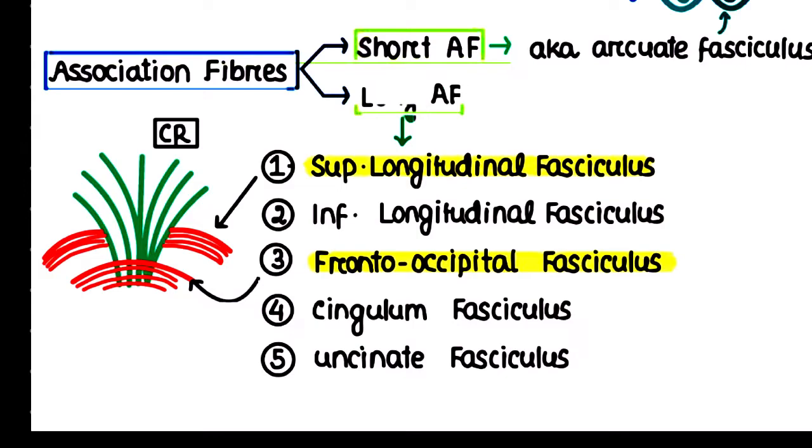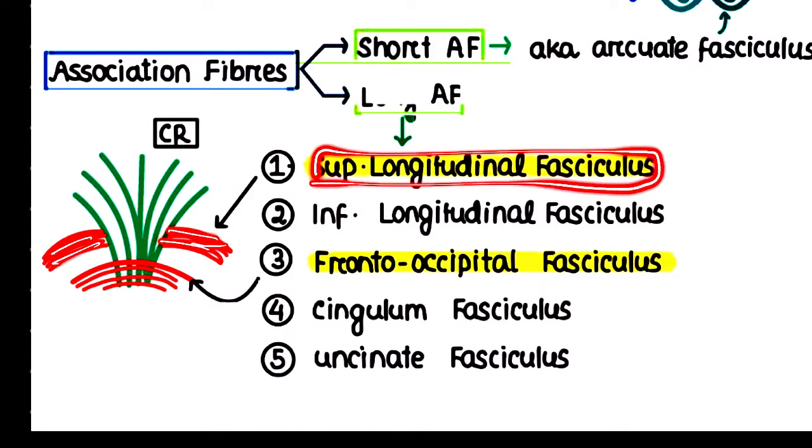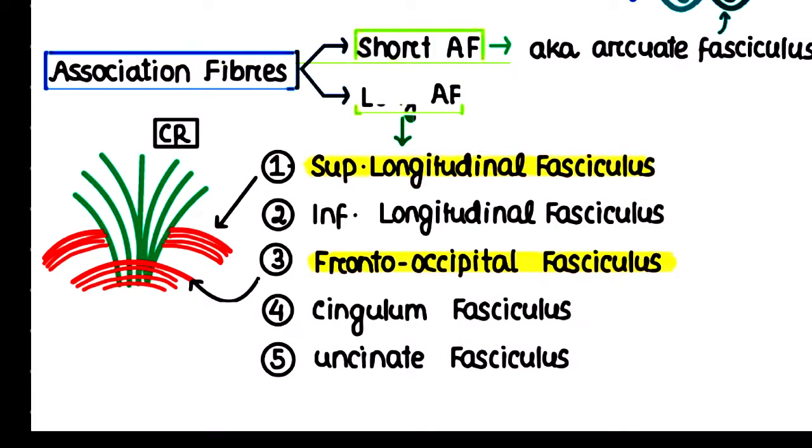On one side of the corona radiata there is the superior longitudinal fasciculus, and on the other side there is the fronto-occipital fasciculus. That is the thing we need to understand: the corona radiata comes in between these two, the superior longitudinal fasciculus and the fronto-occipital fasciculus. They are not intersecting.